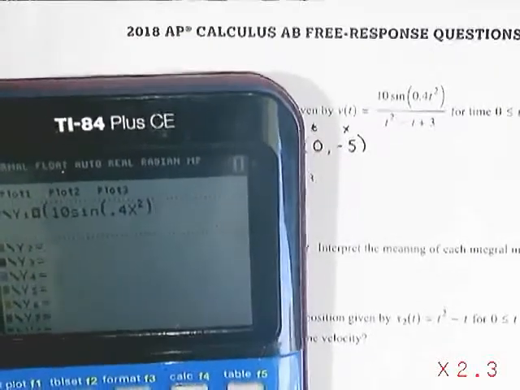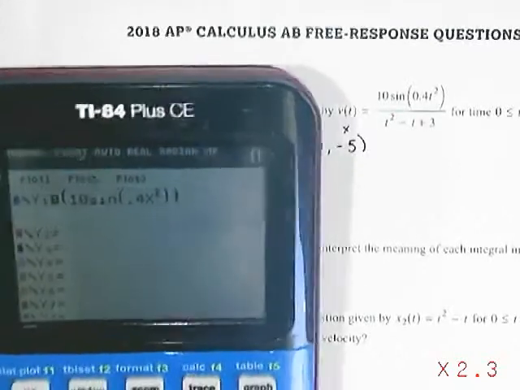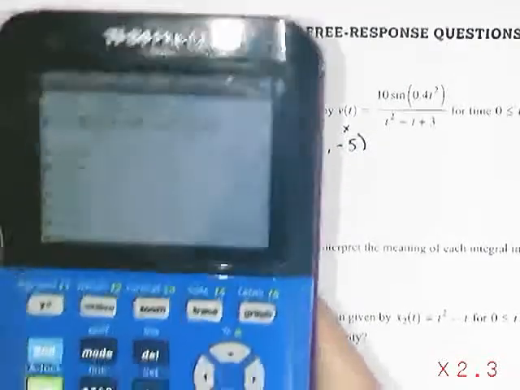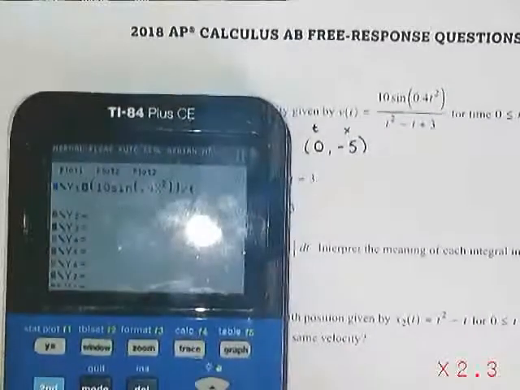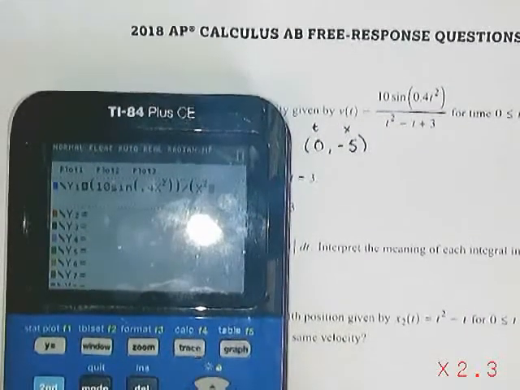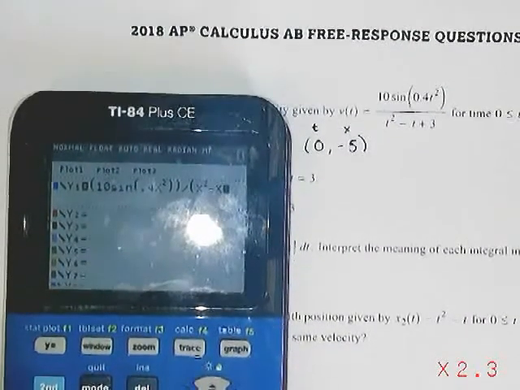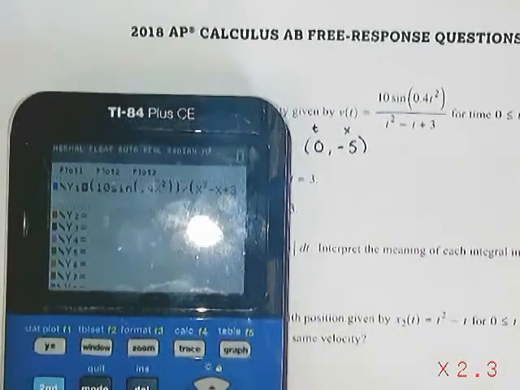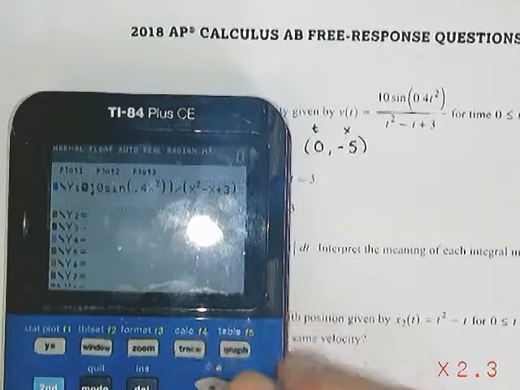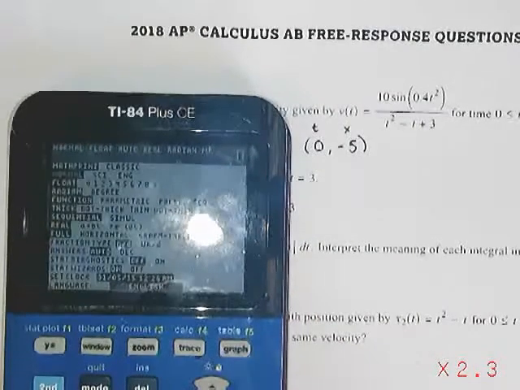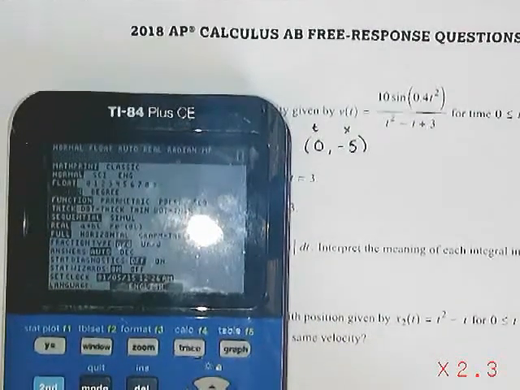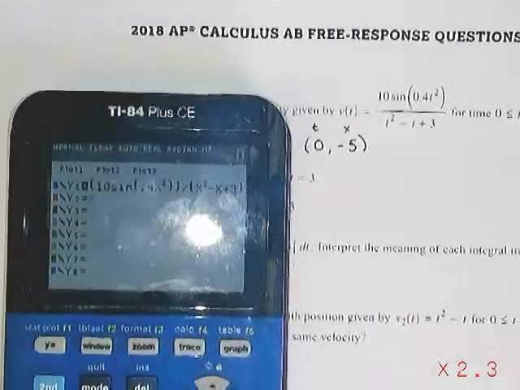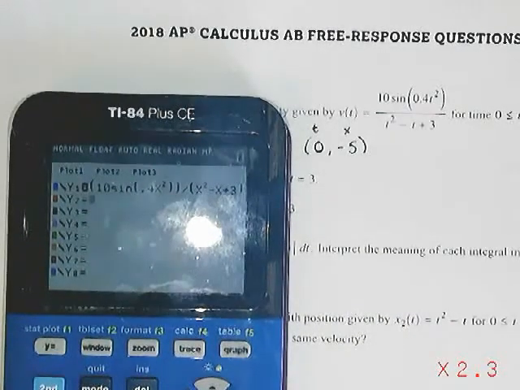Close that parentheses off, close the initial parentheses off, and then we're dividing that whole thing by x squared minus x plus 3. Now would be a good time to also make sure that your calculator is set to radians. You're going to get all sorts of issues if it's not. So you're in radians, all is well. And we've got our velocity function set up.